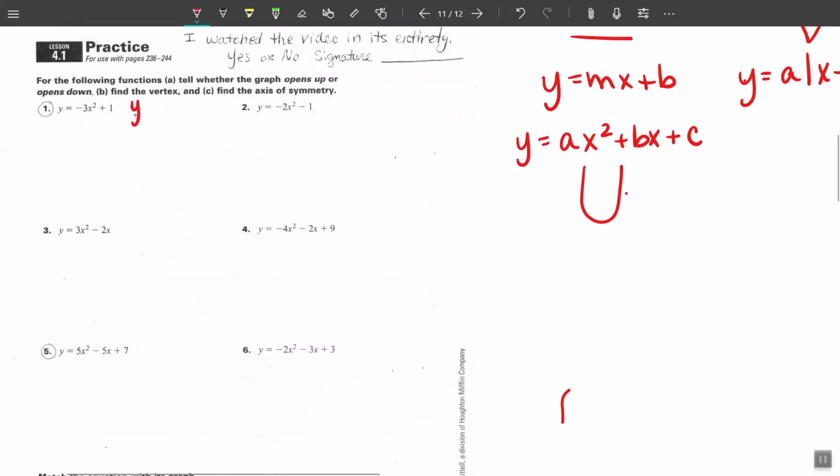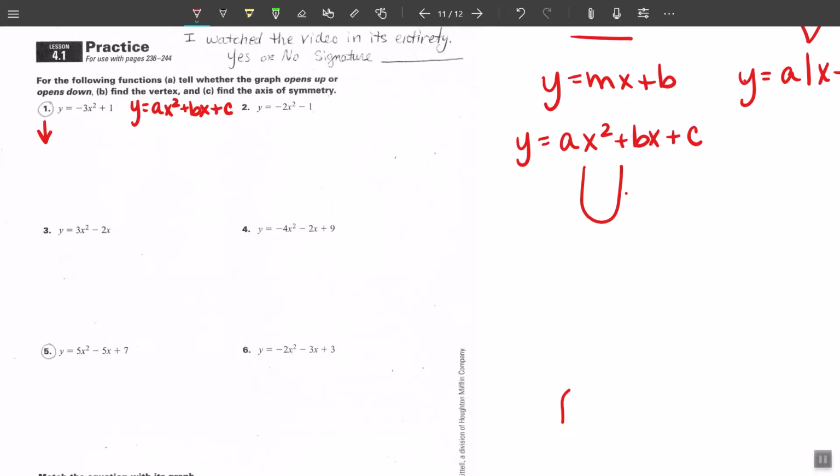Actually, let me rewrite our form over here. And so in this case, we can see it's a -3. Because it's negative, we know that this is going to open downward. Okay, just like in all the other equations that we've done, all the other types of functions, a negative is going to mean opening downward.